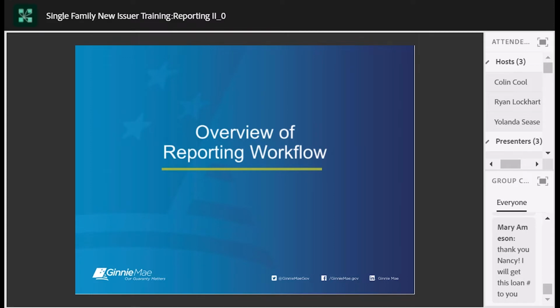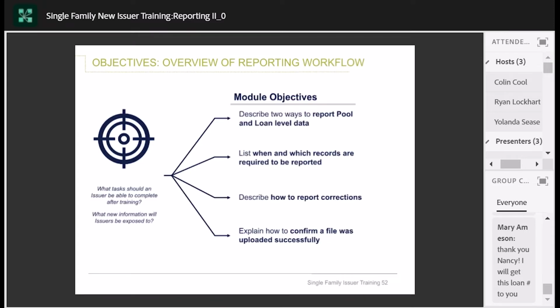Let's get started now on talking about the reporting workflow. Knowing what to do and when to do it is important with RFS reporting. These are some of the tools that will assist you in your reporting workflow.